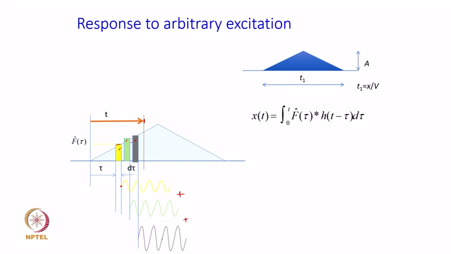Please do not mind this gap, that is superficial in the sense that they will all come one after the other, and then they will all contribute to the total response at time t.